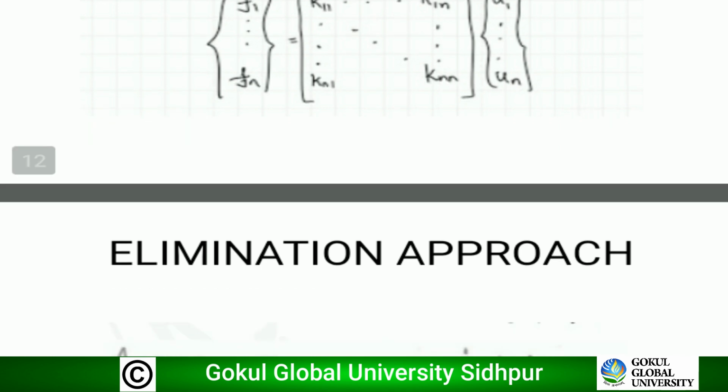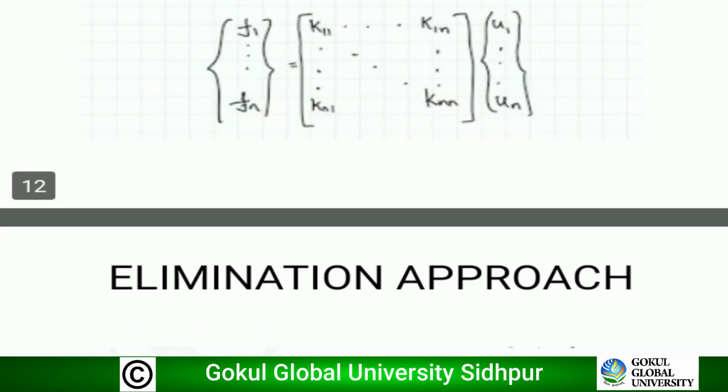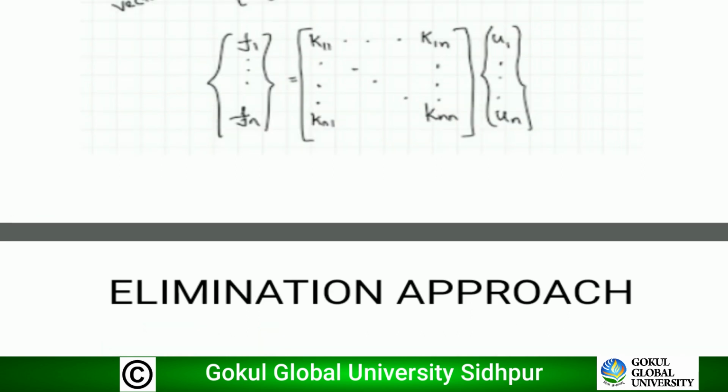Then at the other end is the area A3, 1000 mm square, and its modulus of elasticity is 0.5 into 10⁵ Newton per mm square. And at the end of element 3, an axial pull load P is attached. Here you can see capital P, a pull type load, attached at the end of the bar.